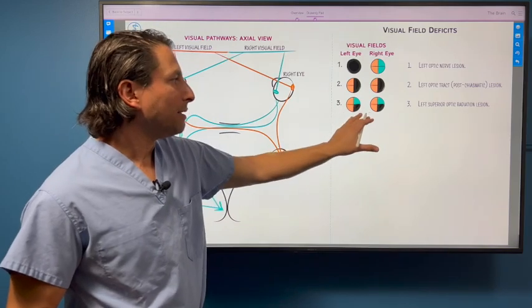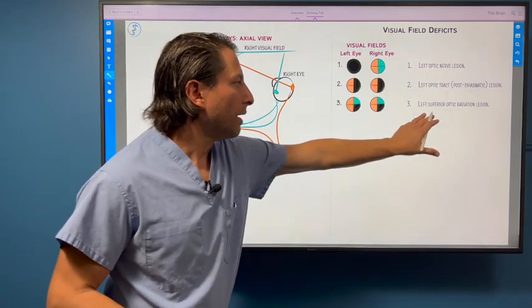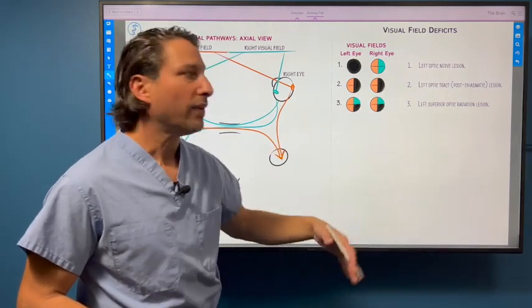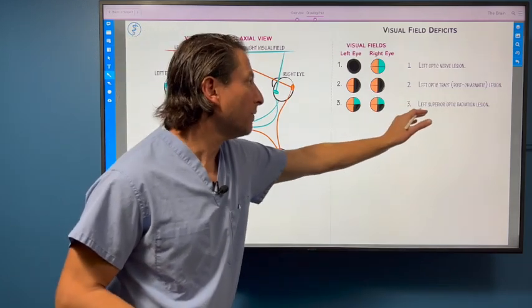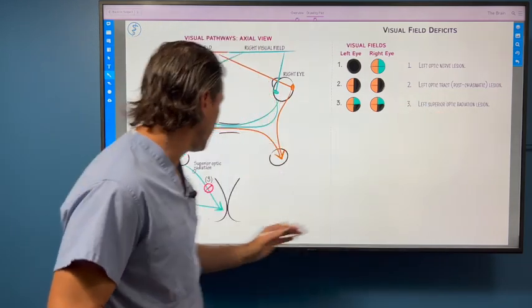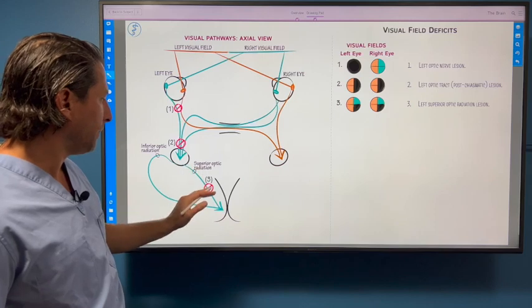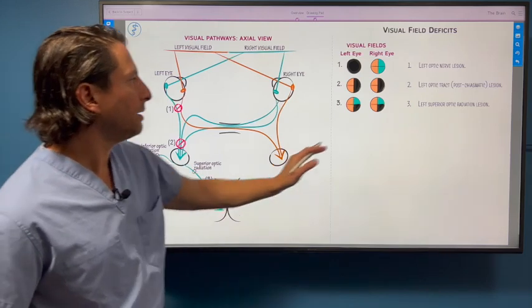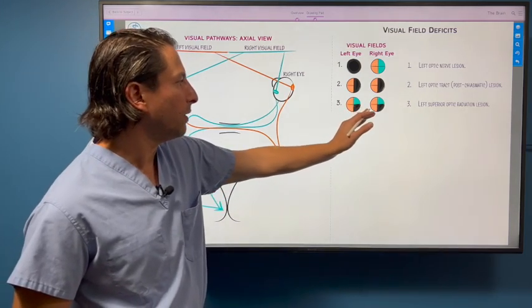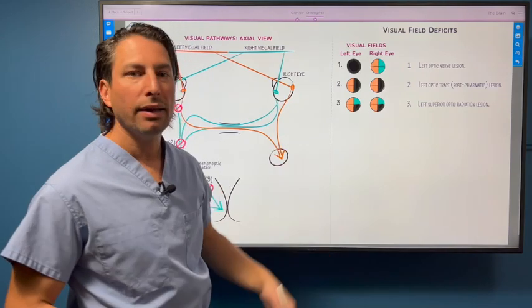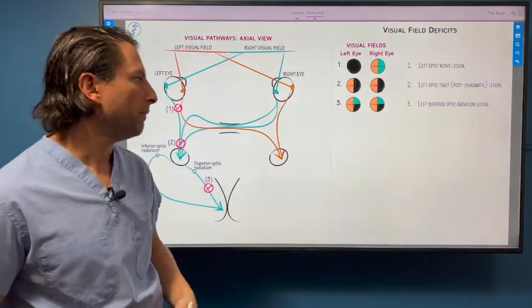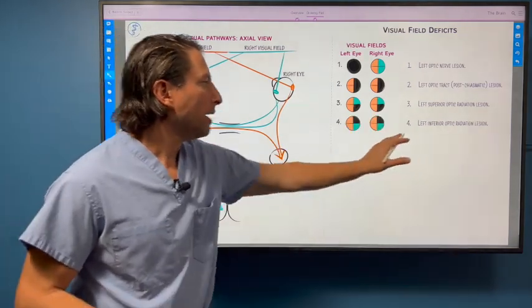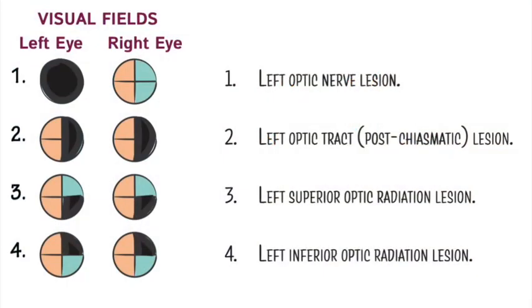We can break this down further if we look at the different optic radiations. So if a left superior optic radiation is affected here, then what's going to be missing is the right inferior quadrant, and this is called a quadrantanopia. In contrast, if the inferior optic radiation is affected, then the superior quadrant is going to be affected.